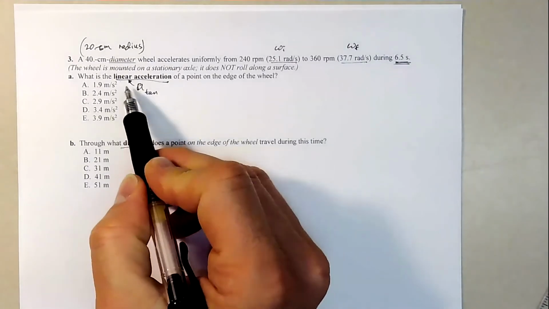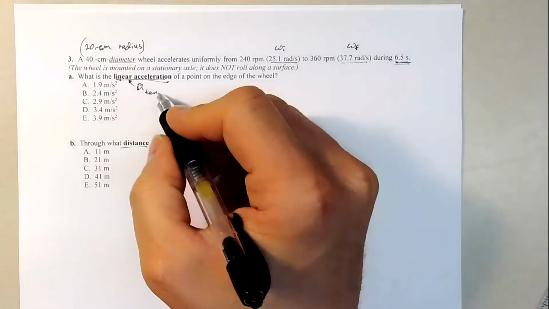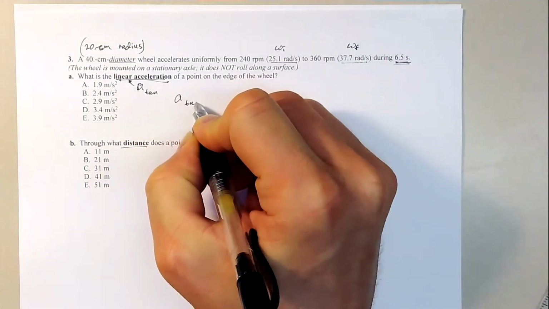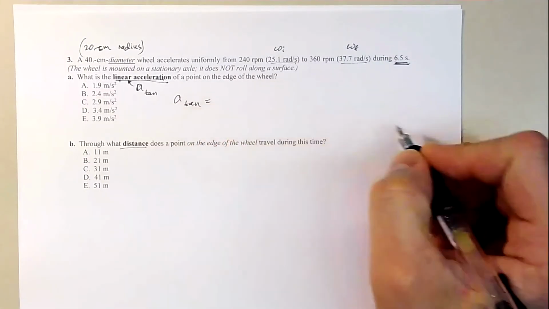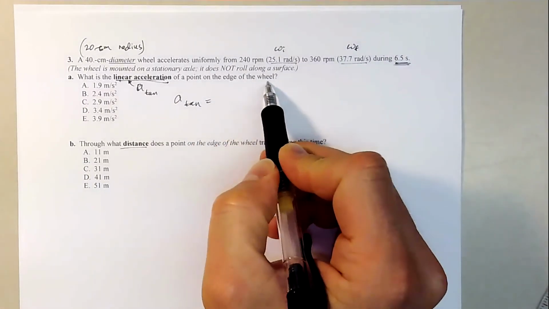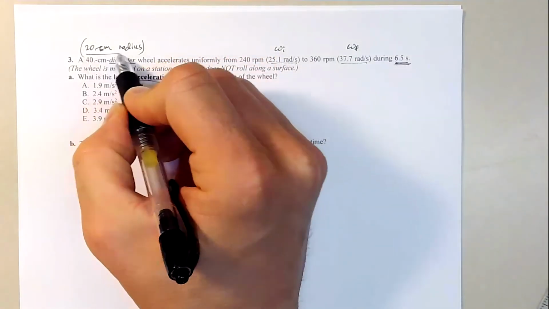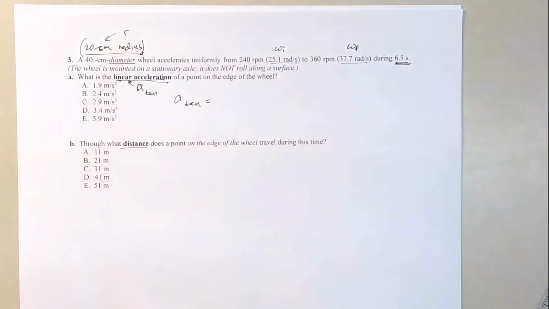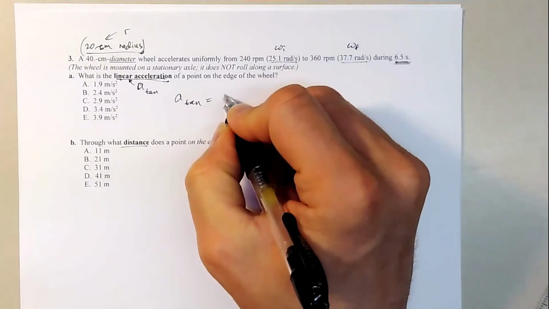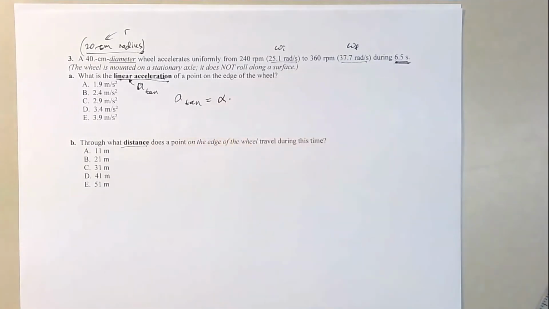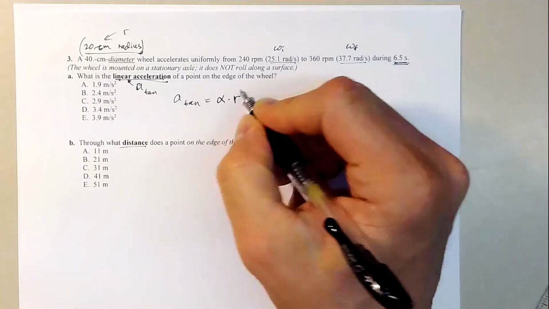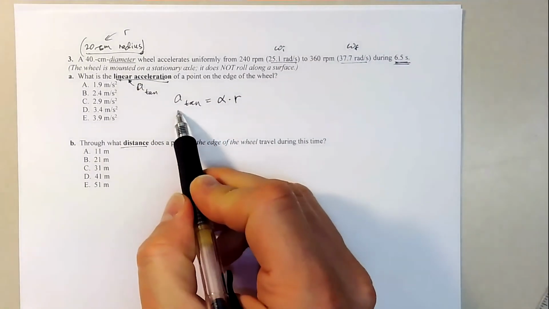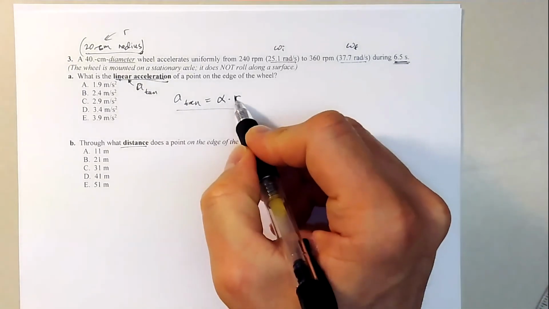All right, we know that in order to find the linear acceleration a tangential, the easiest way for us to probably do that would be to, if we pick a point on the edge of the wheel, so that means this is going to be the value for r up here. In order for us to do that, it would be useful for us to find the angular acceleration of the entire wheel and then just multiply by the distance of that point that we're interested in from the spin axis.